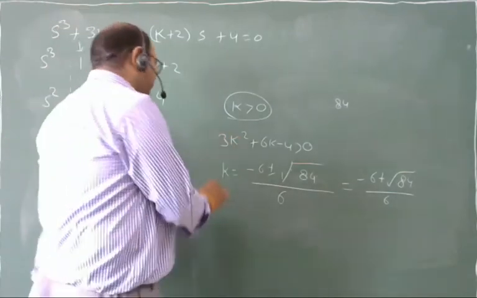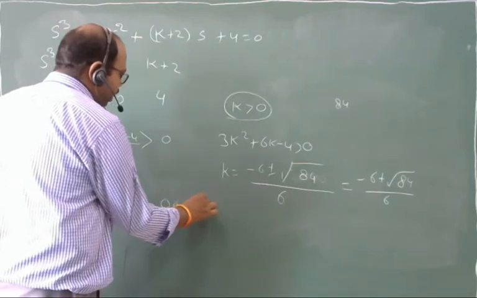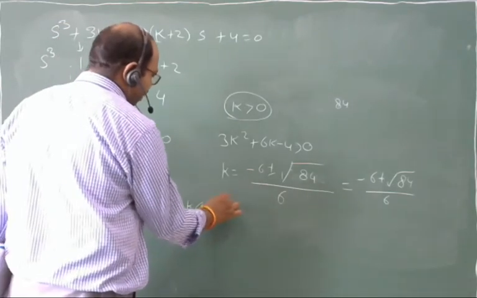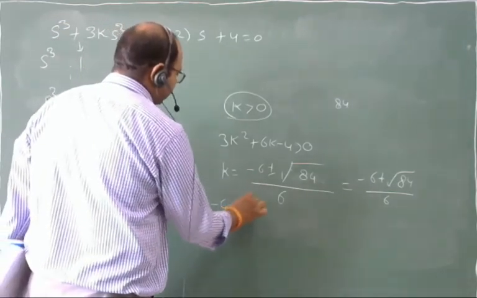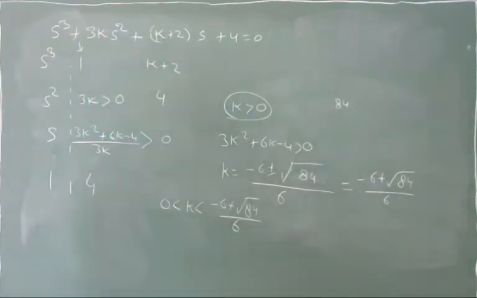And the range of k will be 0 less than or equal to k, and k less than or equal to minus 6 plus under root 84 divided by 6, right? So this is the condition on the range of k for which the system will always be stable.